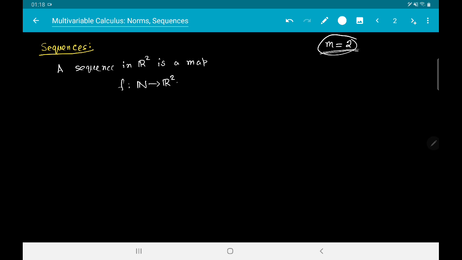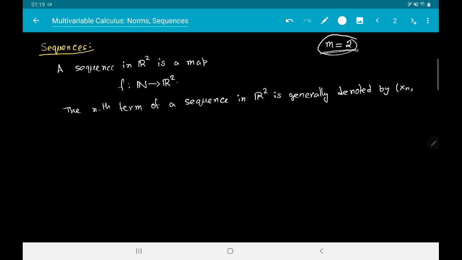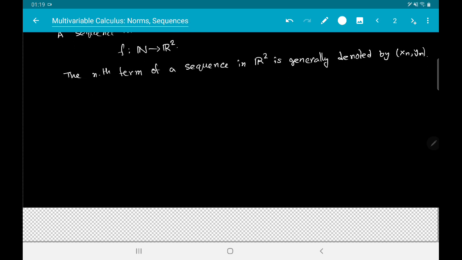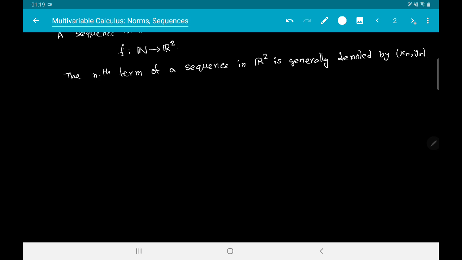How do we write the nth term of a sequence in R2? It is generally denoted by (xn, yn).